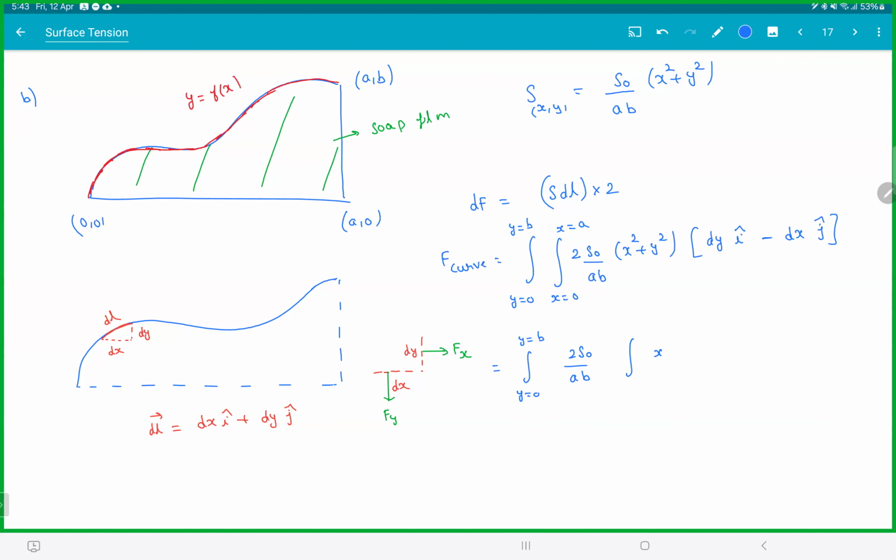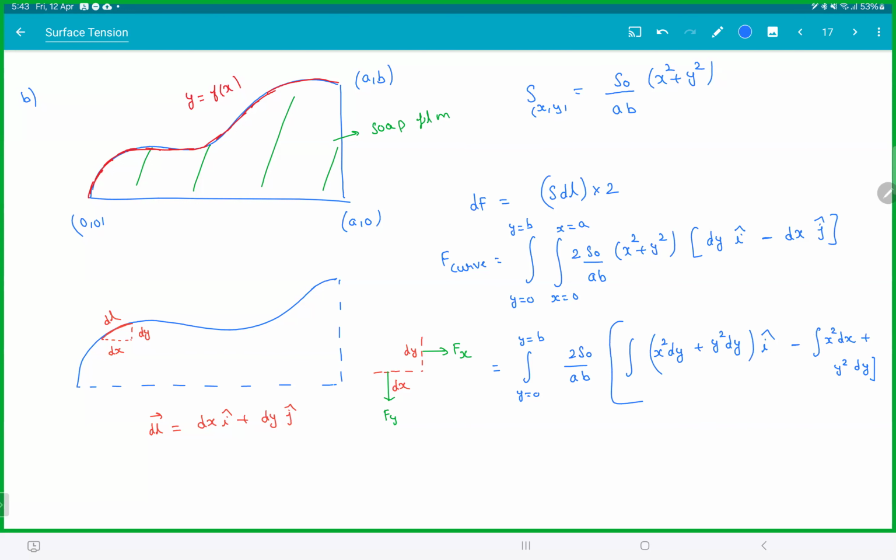This will become integral x square dy plus y square dy, I cap, minus integral x square dx plus y square.